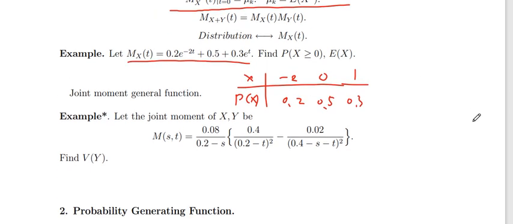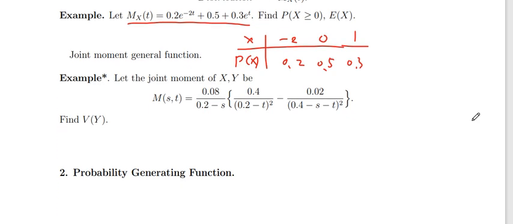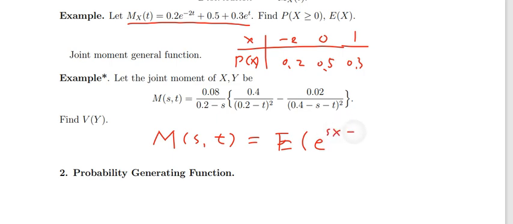Okay, so the joint moment generating function is this. M(s,t) is the expectation of e to the sx plus ty. Okay, this is the definition.